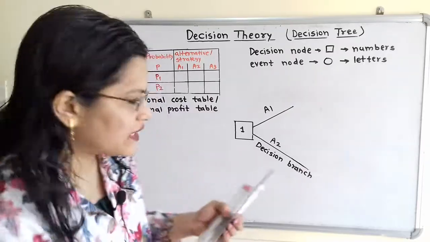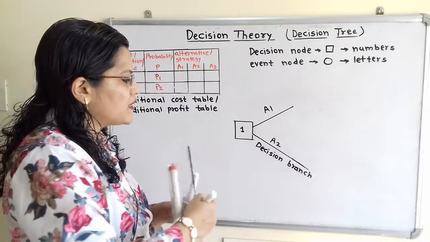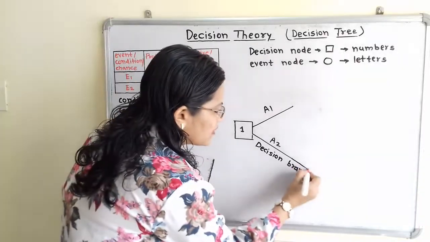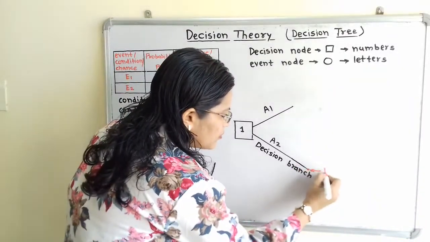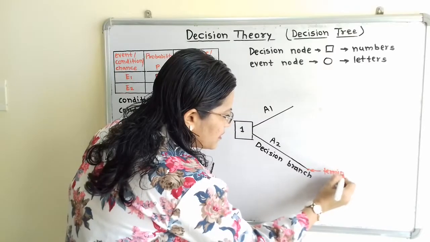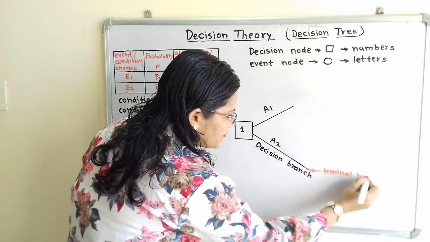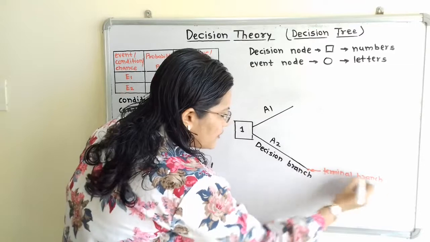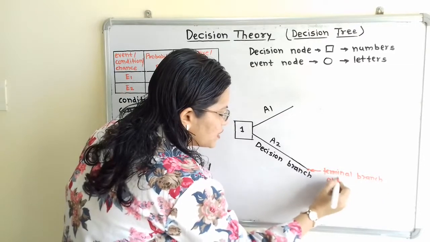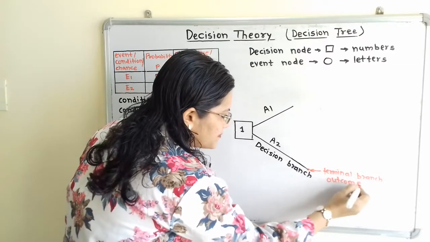So we have to say that this second branch will be terminal branch, because here this branch ends. So we will write here this is the terminal branch also, and at the end of terminal branch we have to mention here the outcome.